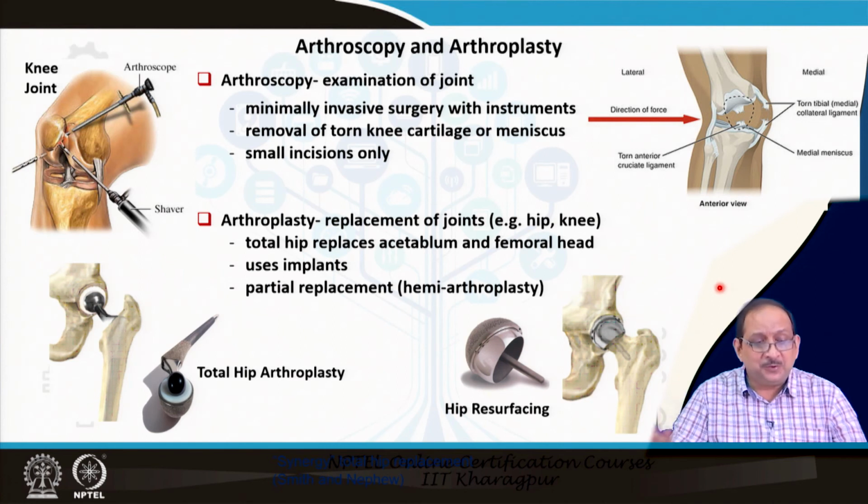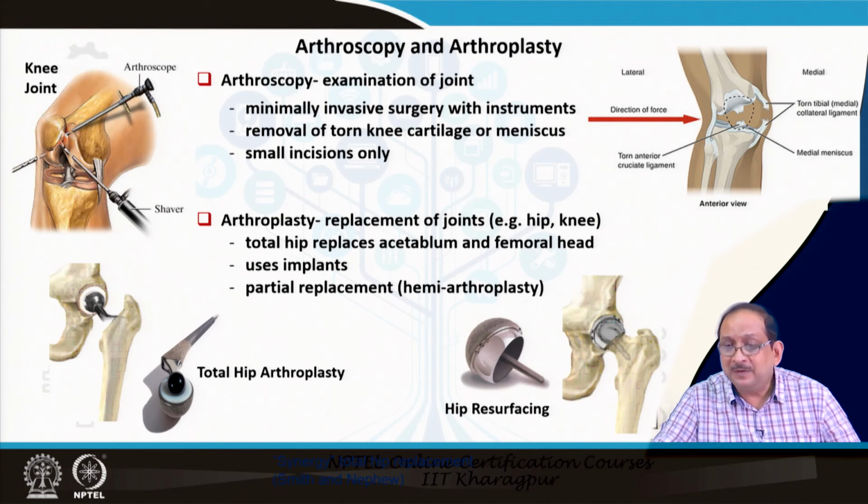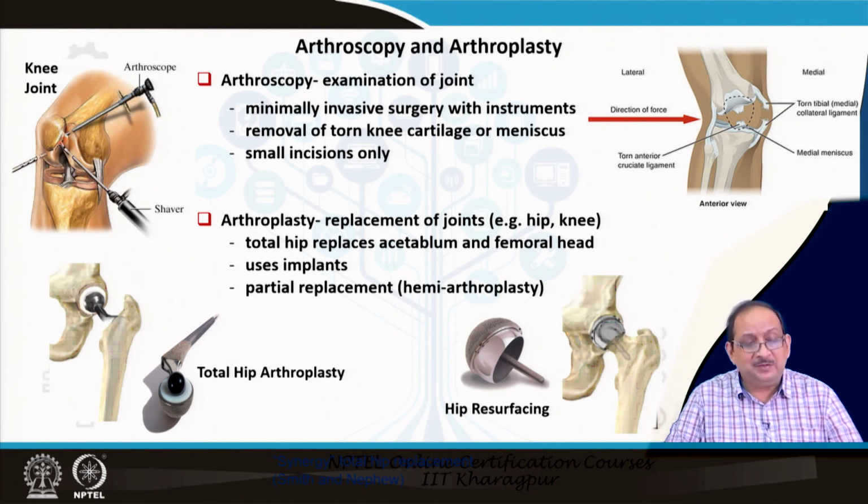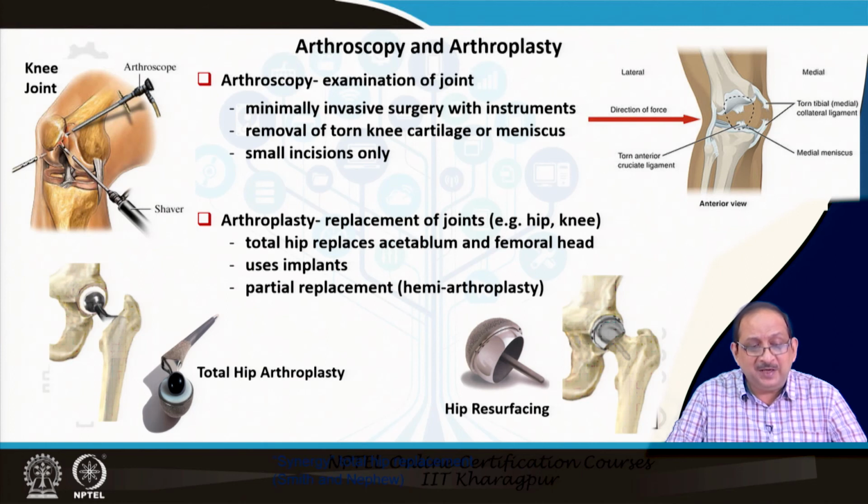The arthroscopy procedure can be seen here. It can be performed for reconstruction of a torn anterior cruciate ligament as shown in this figure. The advantage over the traditional open surgery is that the joint does not have to be opened up fully.